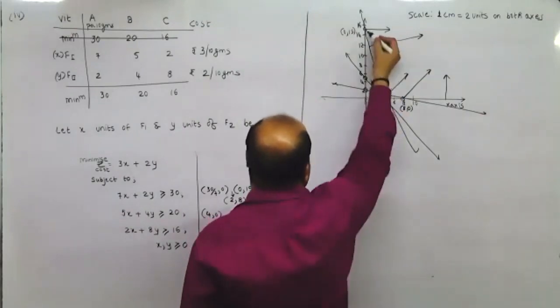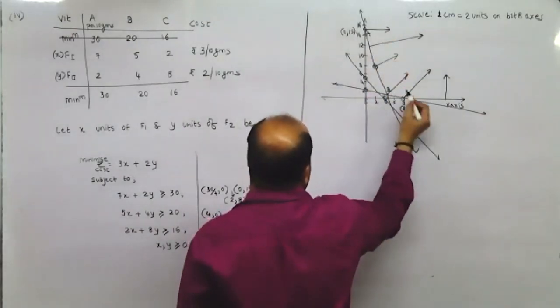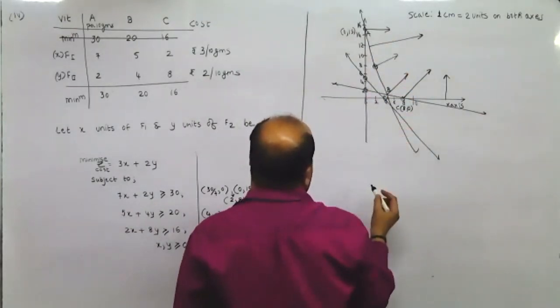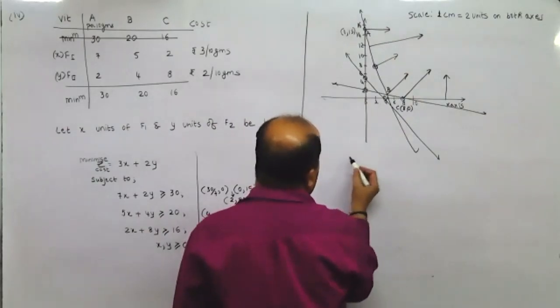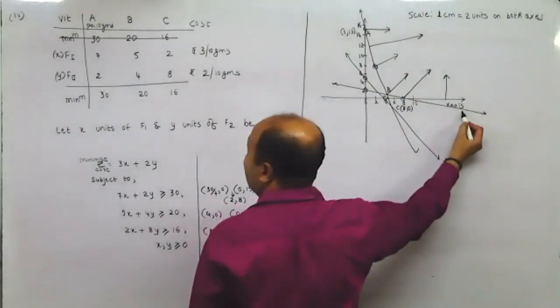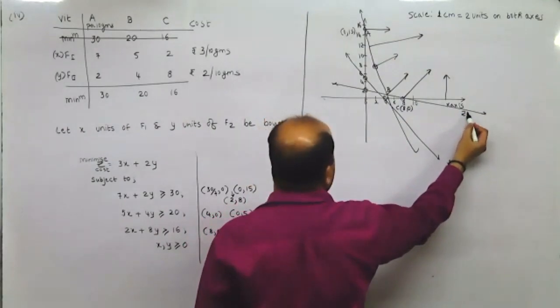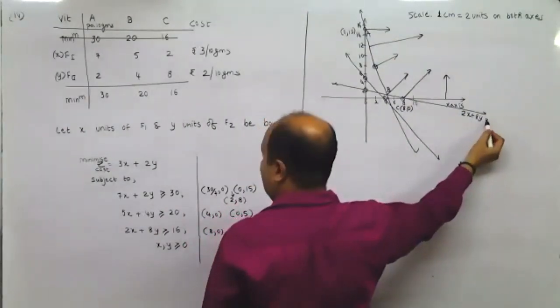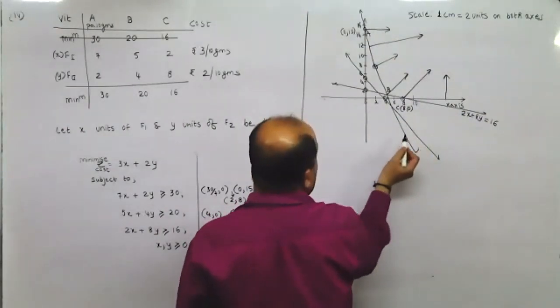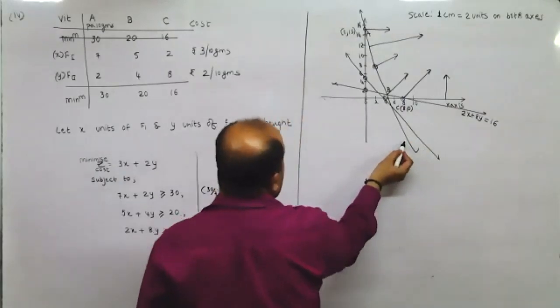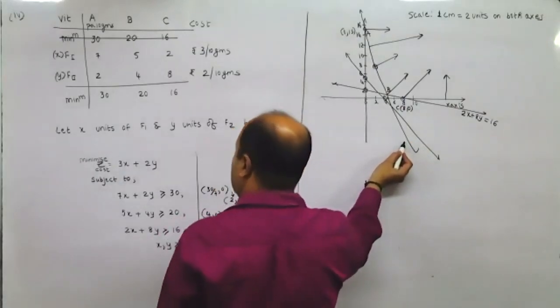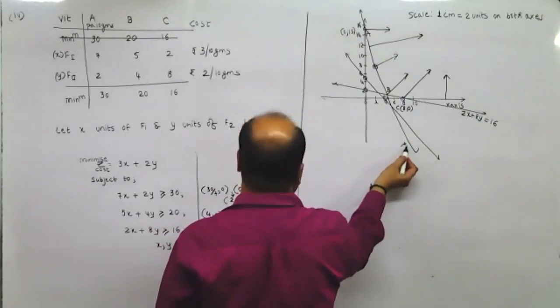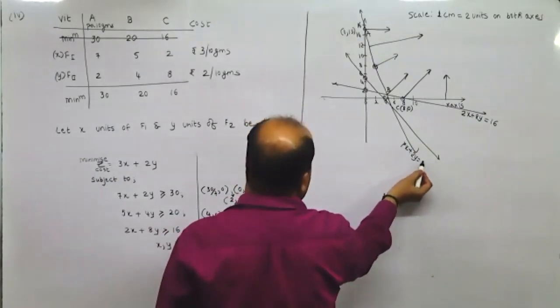I'll say this is A, this is B, and this is C. Now, this line is what? 2x plus 8y equal to 16. And I consider this line. This is 7x plus 2y equal to 30.